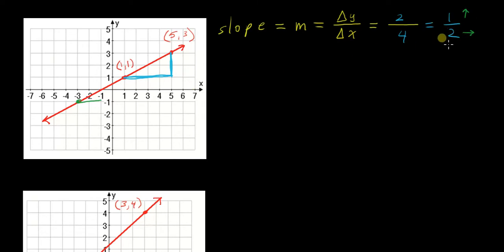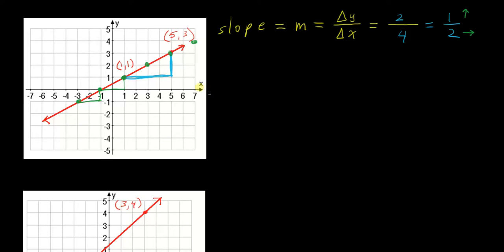But if I'm anywhere on the line, for every increase in x of 2, I get 1 increase in y of 1. And that would give me another point. If I increase 2 more x's, I increase another y. 2 over, 1 up, 2 over, 1 up, 2 over, 1 up. And so the slope tells you how to find all the other points very quickly if you are already on a point.